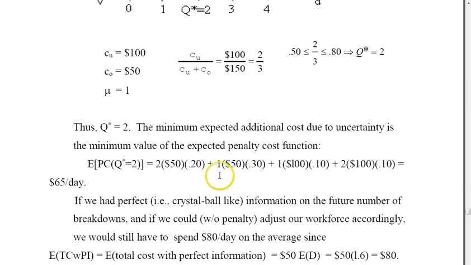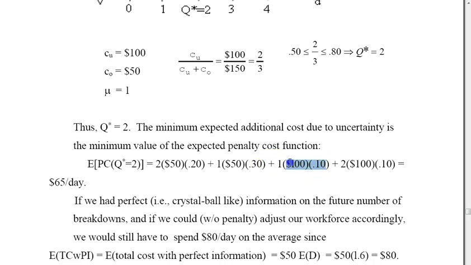And for Q star equal to 2, that's easy to do. So I have here, if I hire 2 but have 0 machine failures, that's going to be the cost. 1 machine failure, that's going to be the extra cost. 2 machine failures is going to be 0.